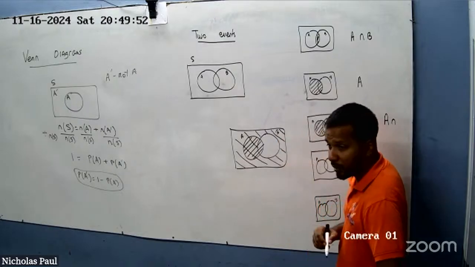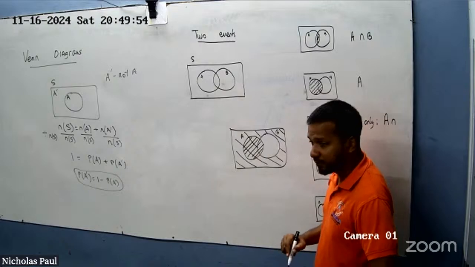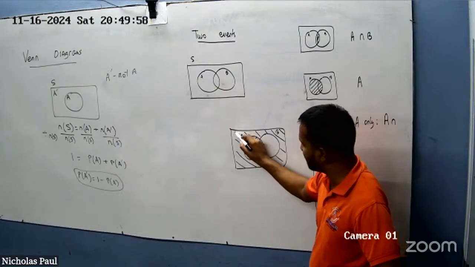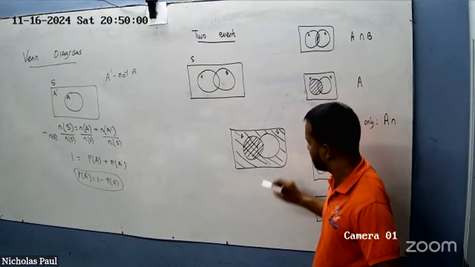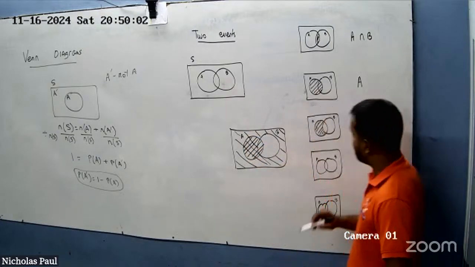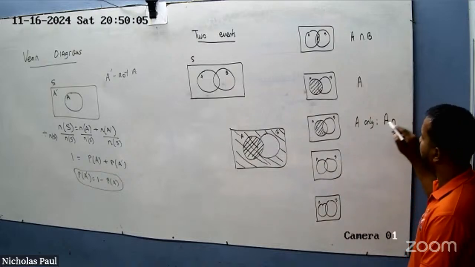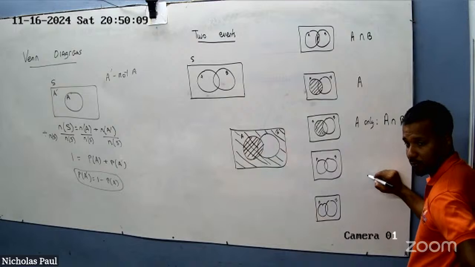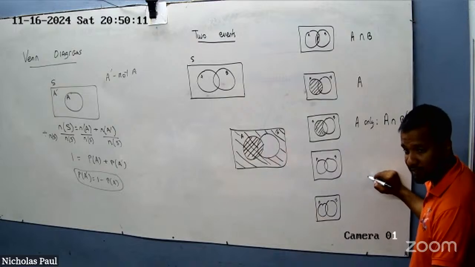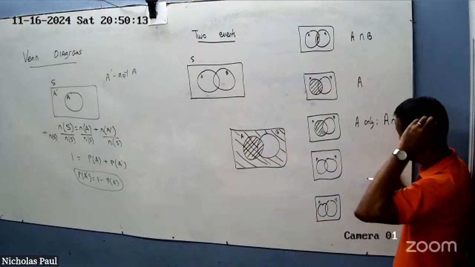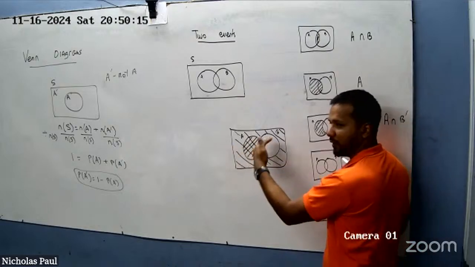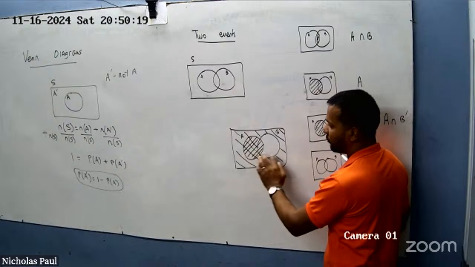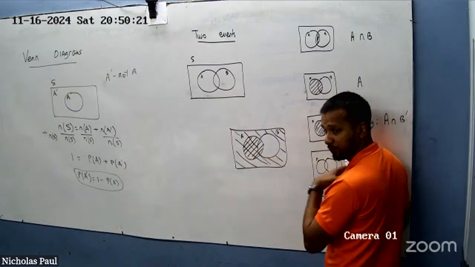Where the lines cross is A only. So therefore, A only is A intersect B complement. There's a long way to do it: shade one in one direction, shade the next one, and where the two cross, that's the region where they intersect. That's okay?